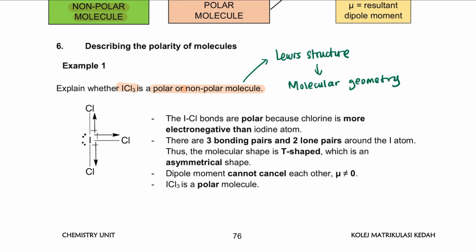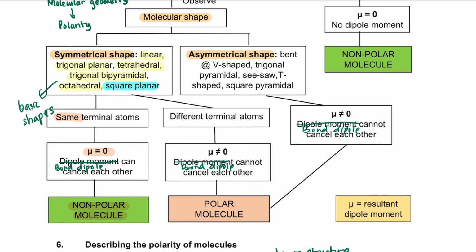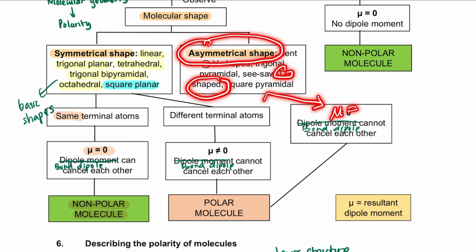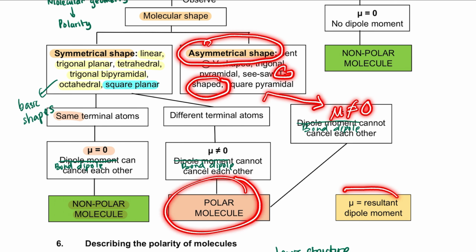So over here, we look directly at this, because I have skipped that part. As you can see, the drawing here is already drawn in a T shape. You can see that I and Cl have 3 bonds and there are 2 lone pairs on the central atom. So in this case, we look at the table above. The shape is basically T-shape. So when it is T-shape, we refer back to the earlier diagram. T-shape is over here, so T-shape falls under the asymmetrical shape category. When it is asymmetrical, mu is not equal to 0, which means it is a polar molecule.